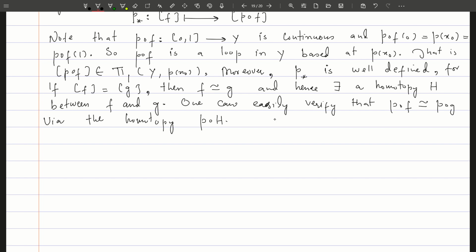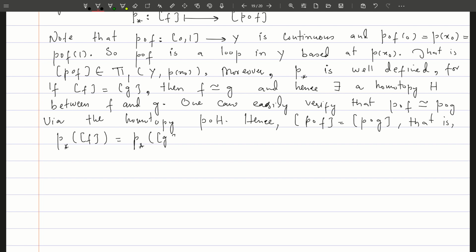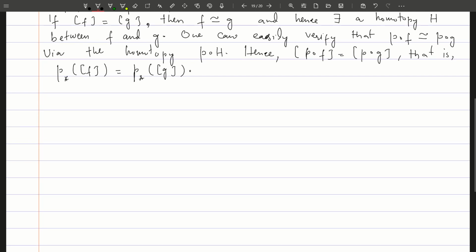One can easily prove this is a homotopy between these two maps. So hence the homotopy classes of these maps will be equal. That is, P star of the homotopy class of f is the same as P star of the homotopy class of g. So this proves that this P star is well defined.